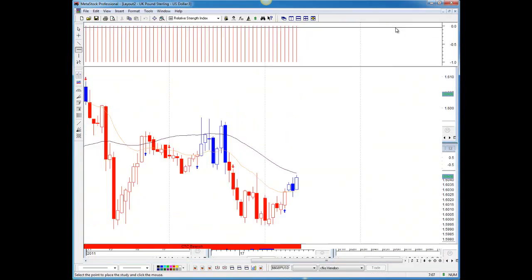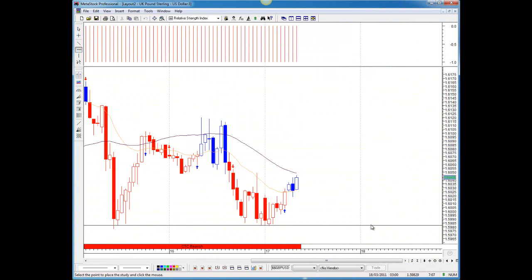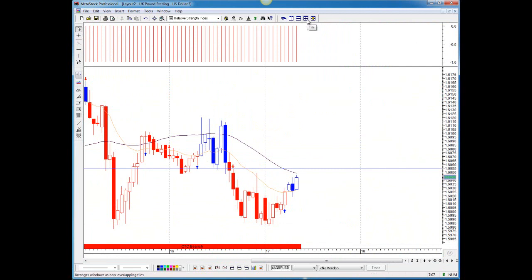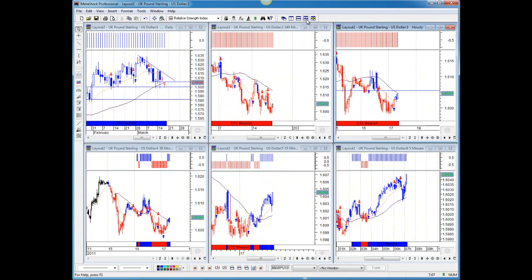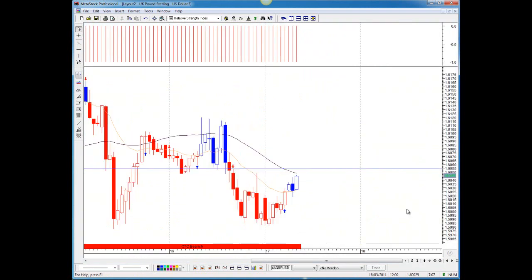So I'll just open up a bigger time frame, the hourly. 16,055 is there. That's the major resistance level on the hourly chart.